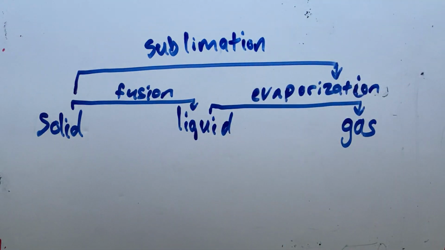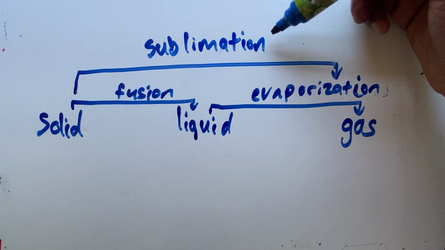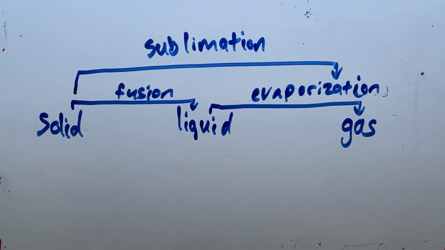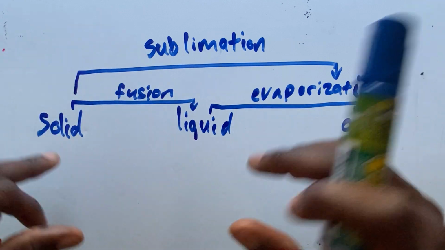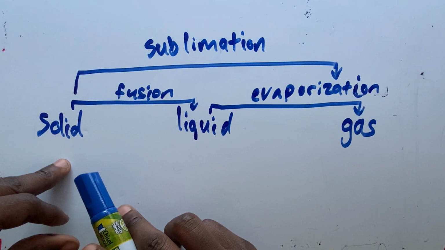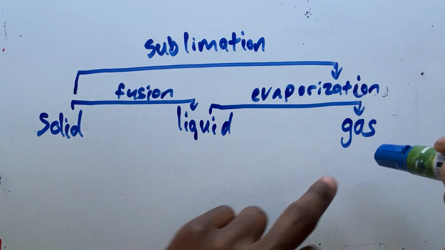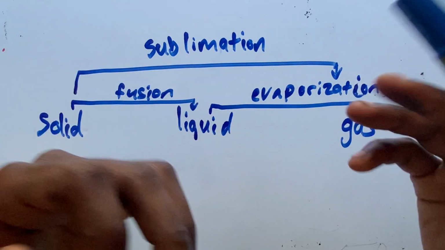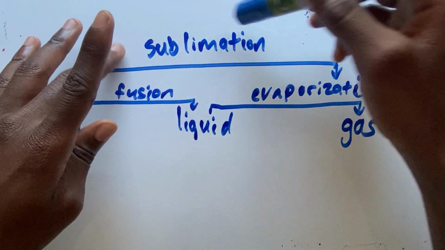An example of sublimation would be dry ice. If you have dry ice, which is basically a solid, at room temperature, it's going to go straight from solid to gas, which makes the steam, smoky effect around it. So that's what we call sublimation.